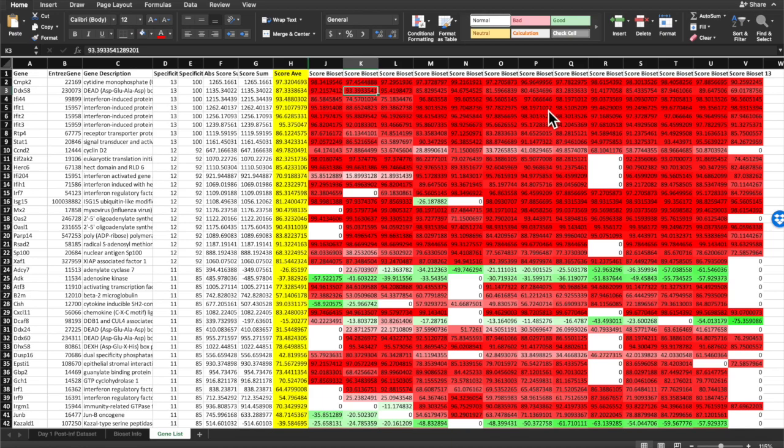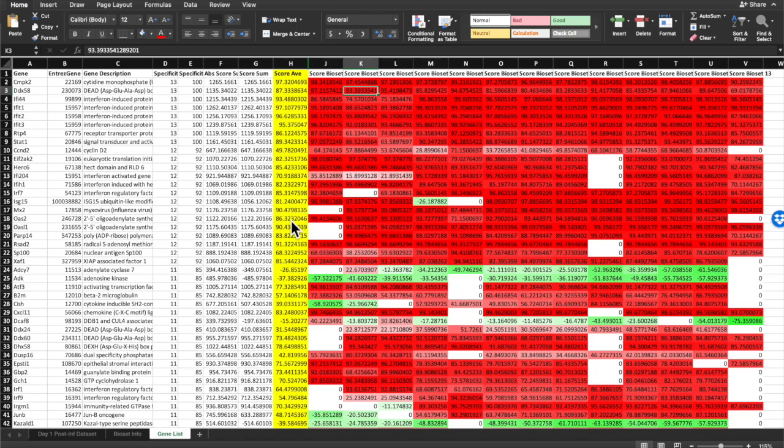We can now use this information as our early infection signature to identify overrepresented pathways or cellular functions either inhibited or induced by the virus. We can also compare this signature to other viral studies and other diseases to identify similarities and maybe differences that we can exploit.